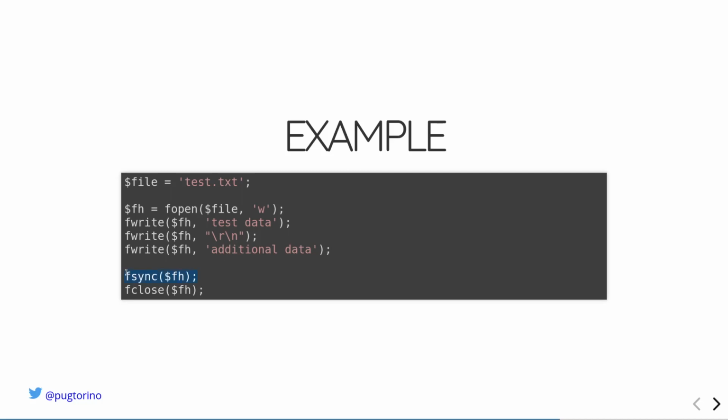You can just invoke fsync on the handler, on the resource $fh, and after that you can close the file. If you don't write this, basically you are not sure that the fwrite calls are present in the file system at this time. So fsync basically guarantees that everything in the buffer is written in the file.